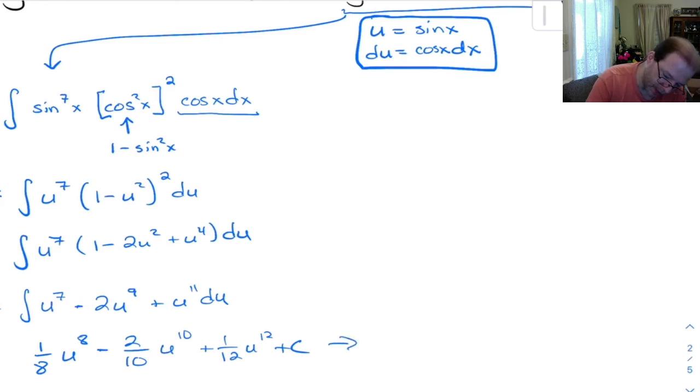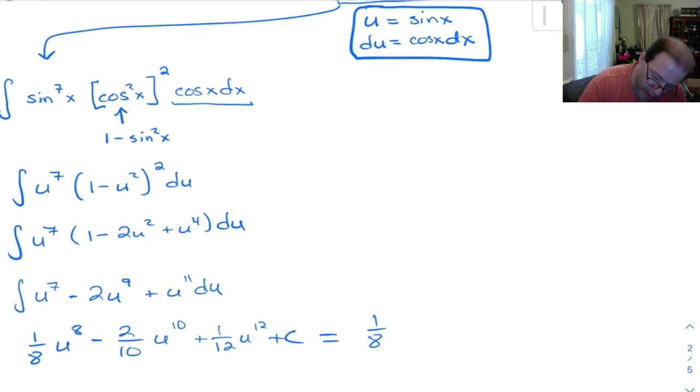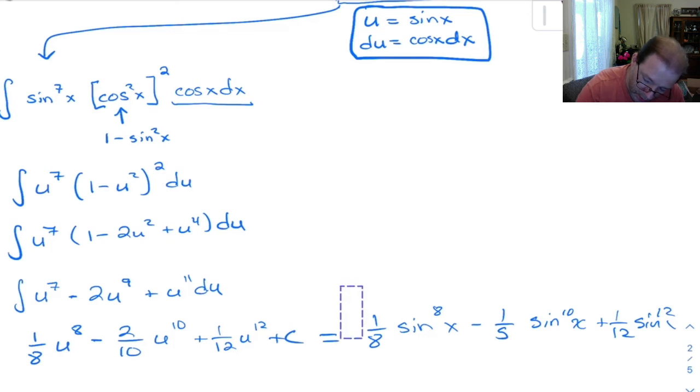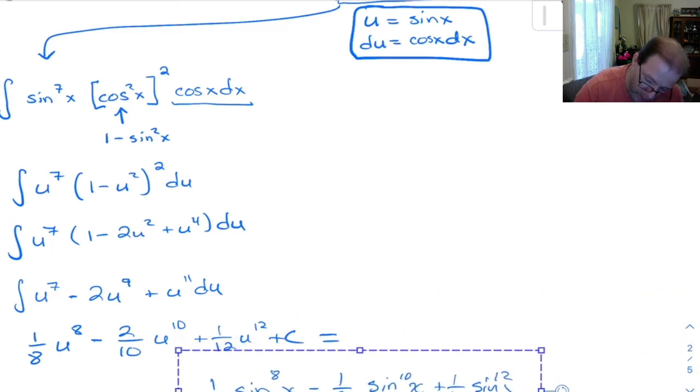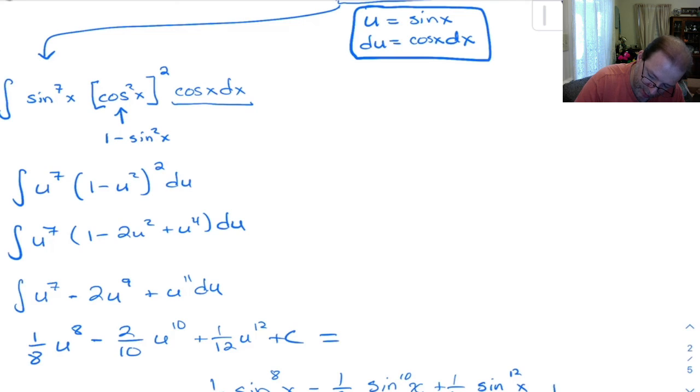And then of course you rewrite that, this is equal to, replacing each of those u's with the sine, so you get 1/8 sine to the 8th x minus 2/10, also known as 1/5, sine to the 10th x plus 1/12 sine to the 12th x plus c.